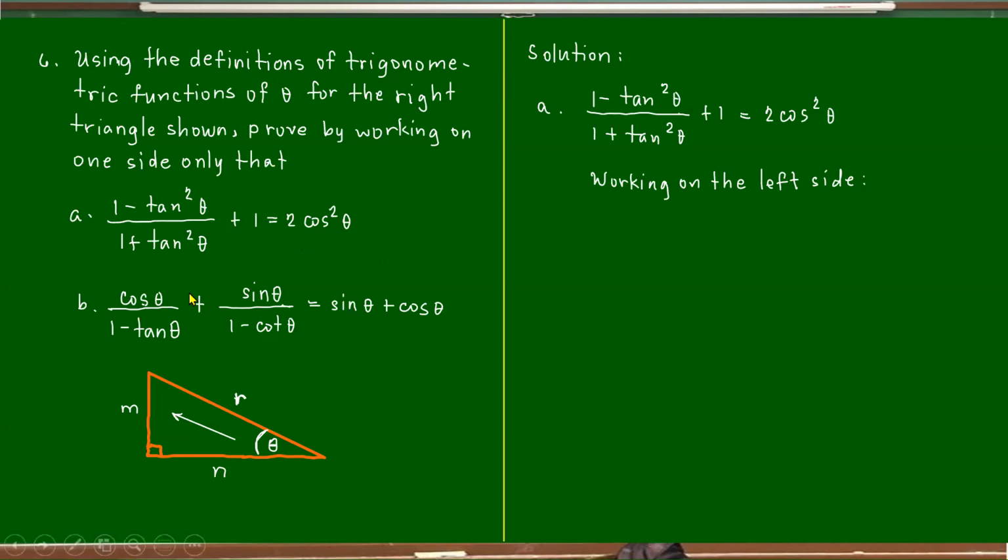And also show that cosine theta over 1 minus tangent theta plus sine theta over 1 minus cotangent theta is equal to sine theta plus cosine theta, as long as all the expressions are defined. Show that the left is equal to the right, using this right triangle and the definitions of trigonometric functions.